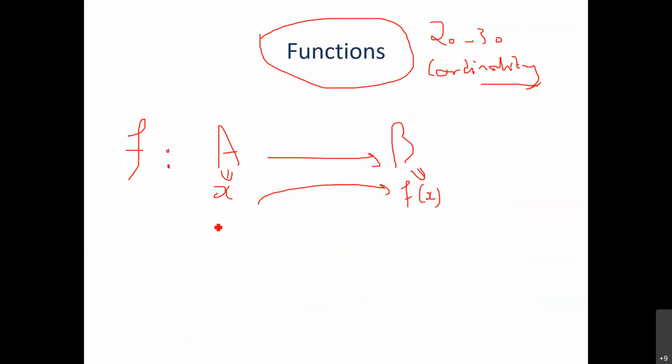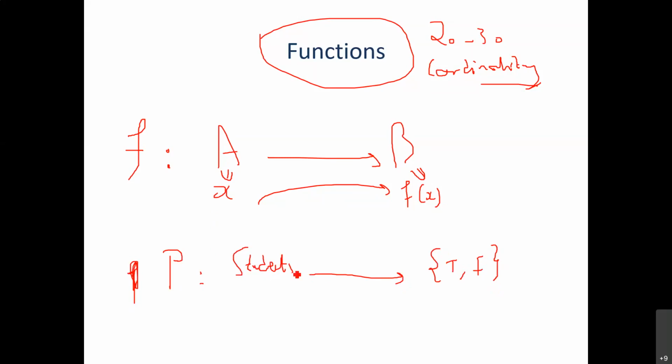So in predicates, let's say P is the normal predicate symbol we know. Your set could have been the students, so like your domain. And our mapping was always the set {true, false}, right? Because a predicate can either be true or it can be false.